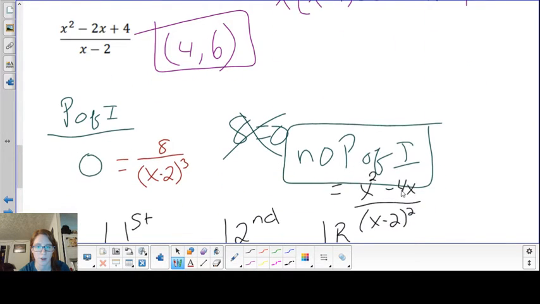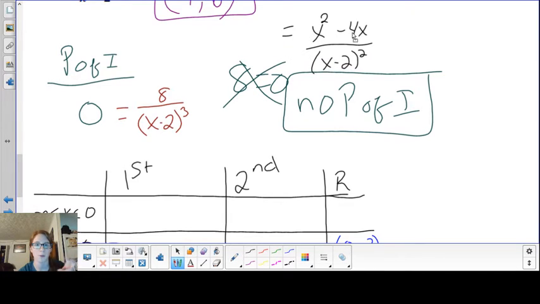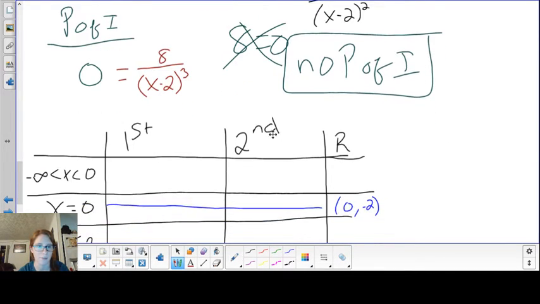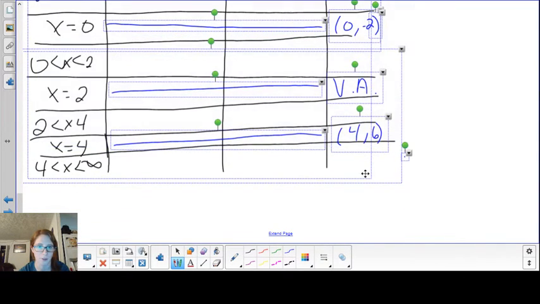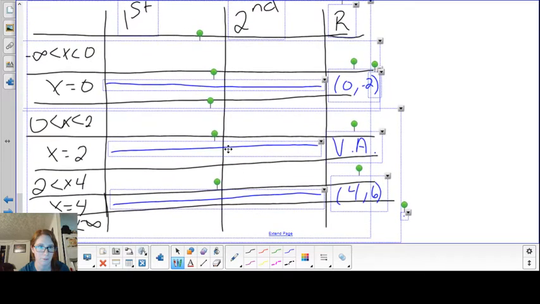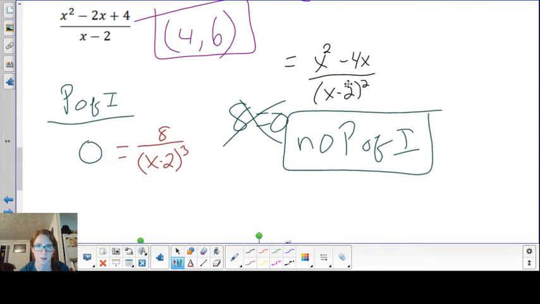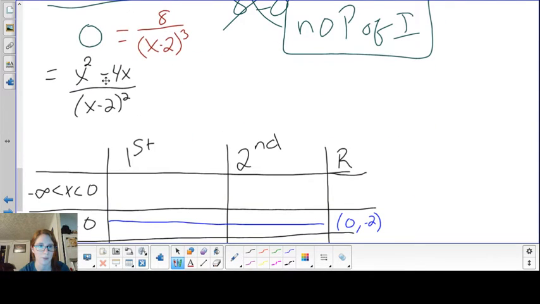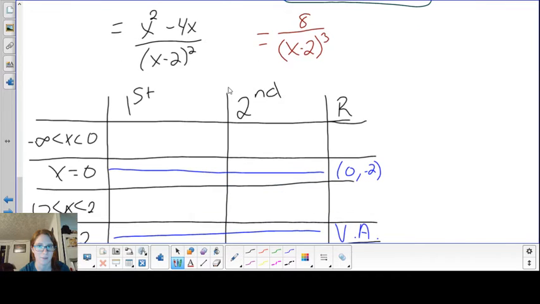I'm going to want those guys handy. And since it's not as convenient for me to just look up on my board, I'm going to move my stuff around a little bit so I can see it. So what I'm going to do is highlight my whole chart and move it down a little bit, so that way these guys can be right here for me when plugging in my stuff.